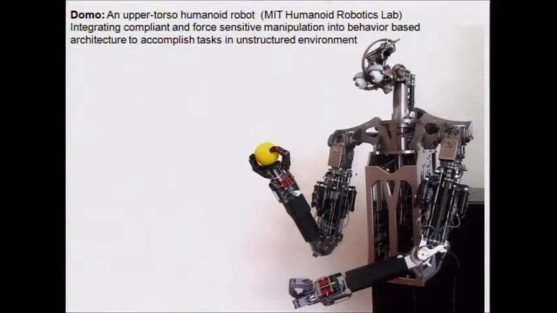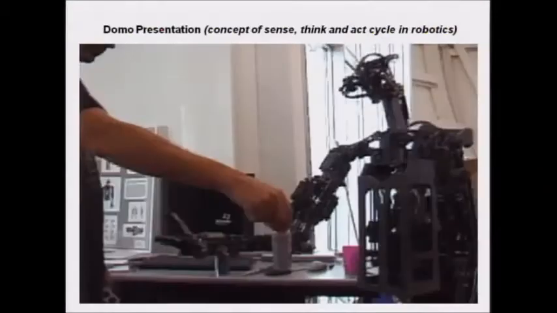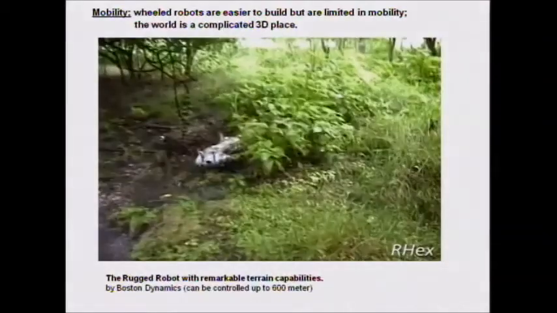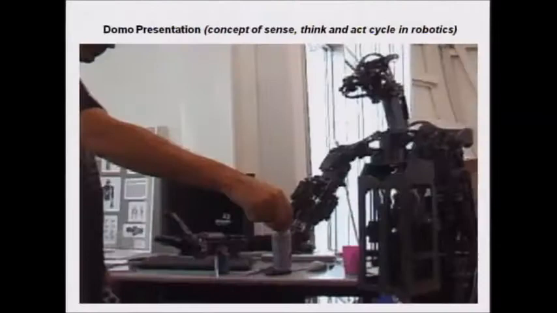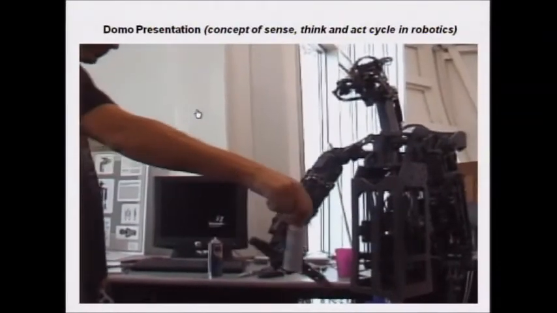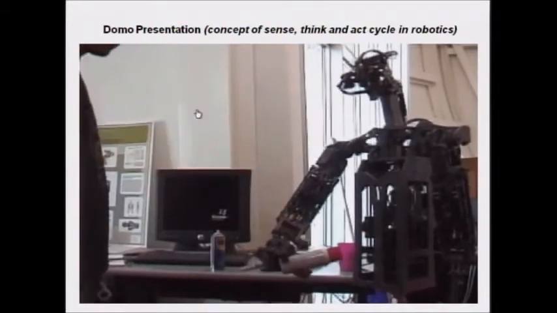Ultimately, we would like to see our robots to be autonomous and have their own decision making. This is the robot with 2 arms and a torso made in the MIT Humanoid Robotics lab. This one shows that this robot does not need a human to be there, and it can recognize the can.